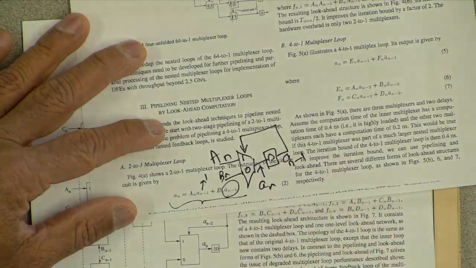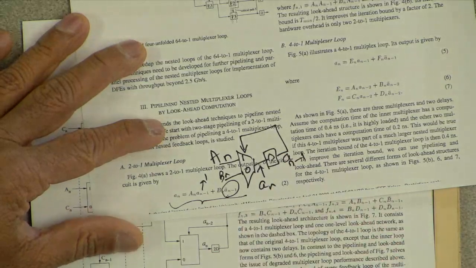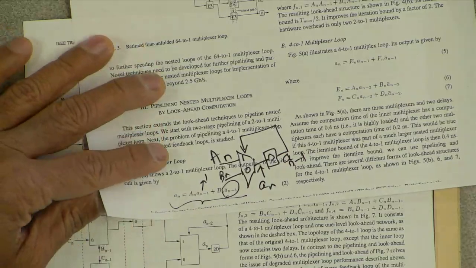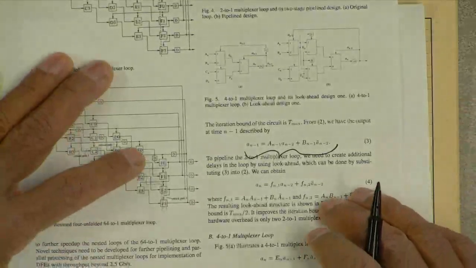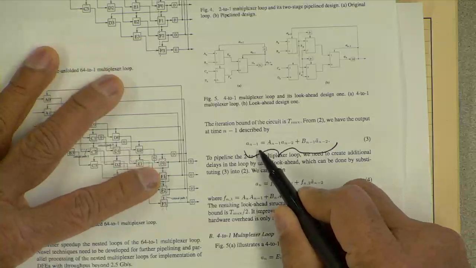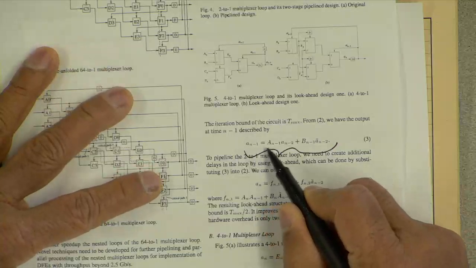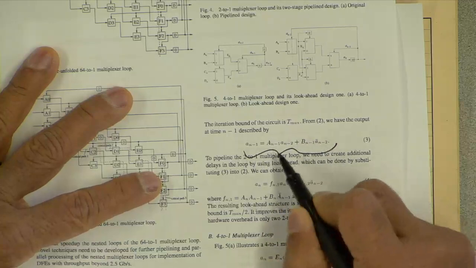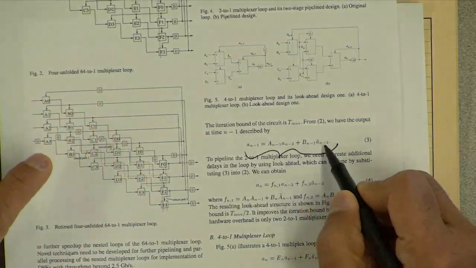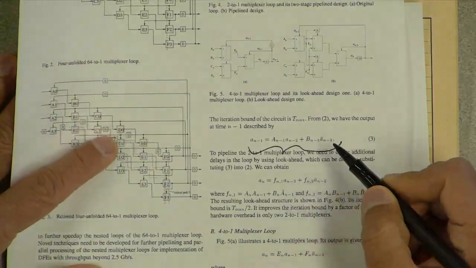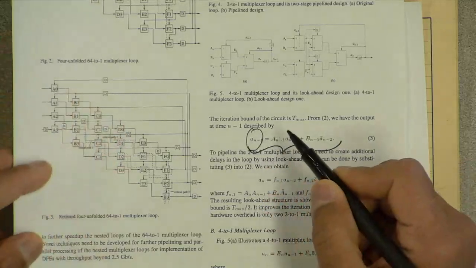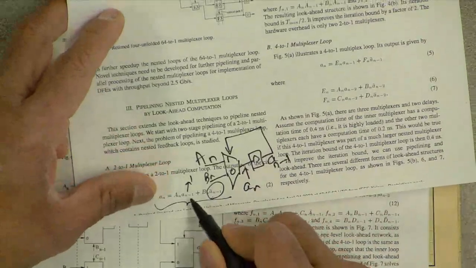Okay, so that's the multiplexer loop, and in order to apply look ahead to that kind of loop, the first thing we do is replace n by n minus 1. Then we get an minus 1 using an minus 2 and an minus 2 bar. So what we are interested in is substituting that an minus 1 here.